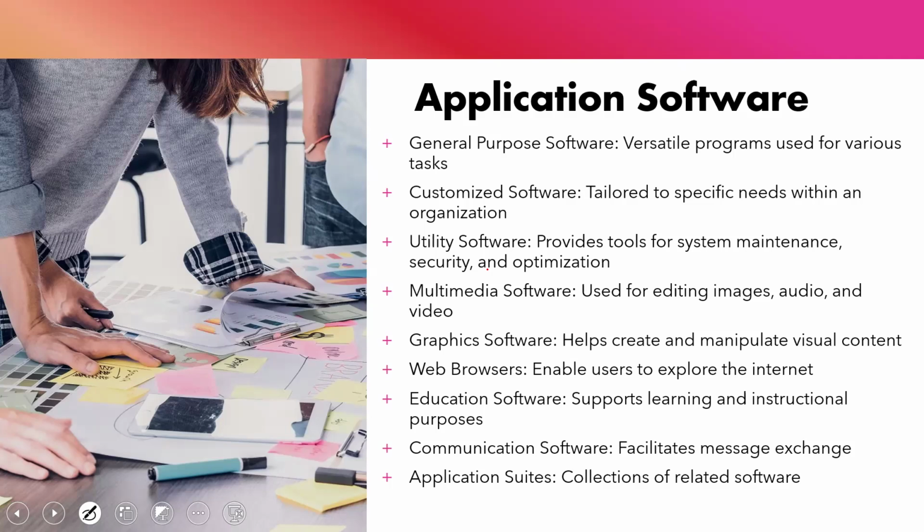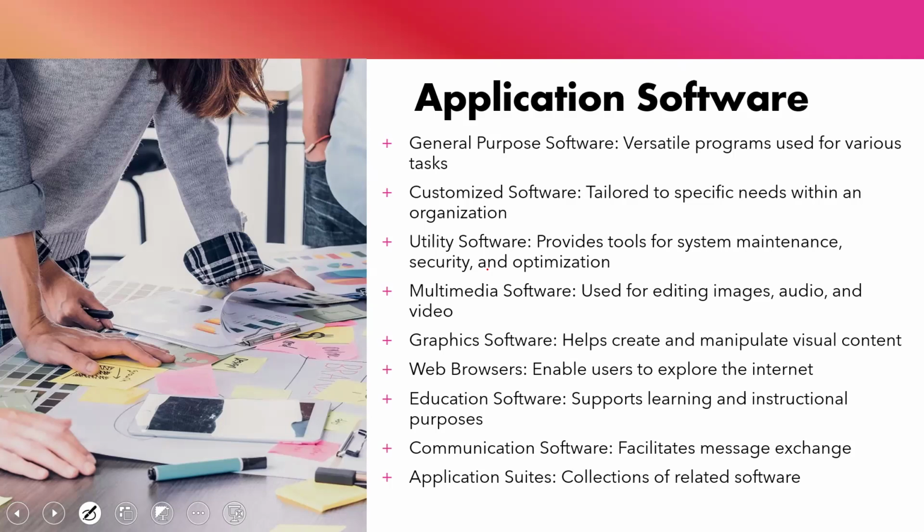Now, application software on the other side is designed to solve specific problems. Specific problems include maybe word processing problems, graphic processing problems, web browsing problems, you know, specialized software that is designed to solve specific things.